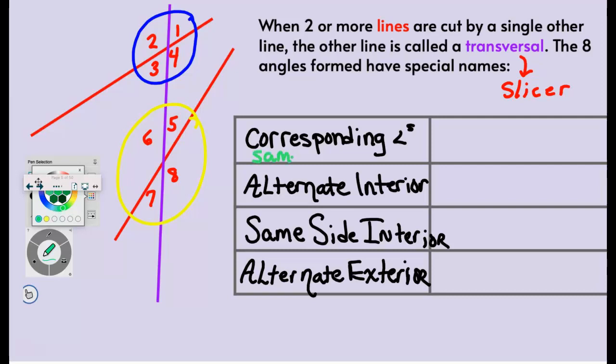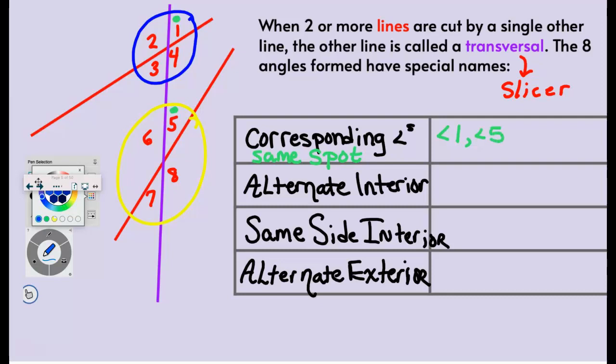And by that I mean they're both in the top right, top left, both in the bottom left, or both in the bottom right. But they're in the same spot in their clumps of 4. So angle 1 is in the top right in its blue clump, and angle 5 is in the top right of its yellow circle. So we'd say angle 1 and angle 5 are corresponding.